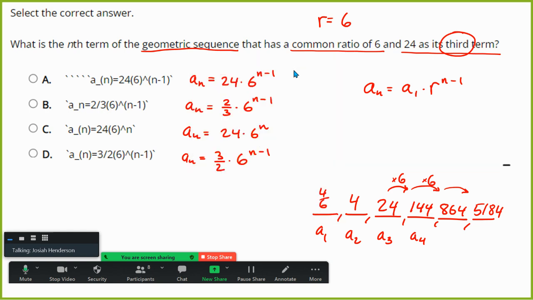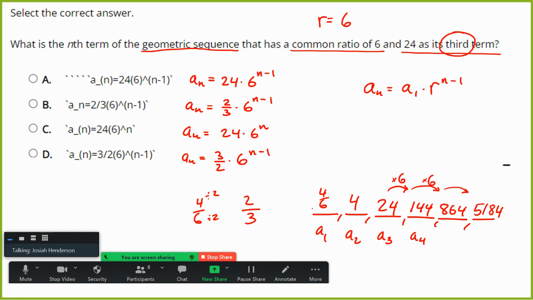And as a decimal, that's correct, it's 0.6. But as a fraction, which is how the answers are, if you look at option B or option D, that means it's either 2/3 or 3/2. So we know that it's 4/6, but if we reduce this, 4 divided by 2 is 2, 6 divided by 2 is 3.